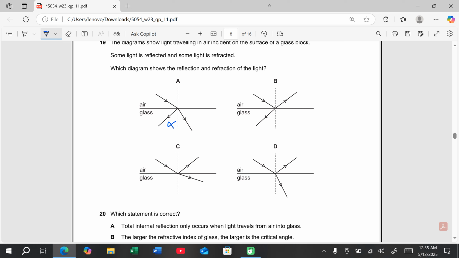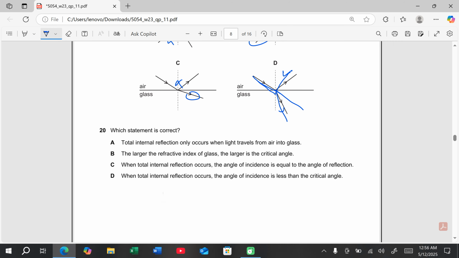Reflection is shown correctly, but refraction is wrong, so B is wrong. And this one, it should bend towards the normal, but it's bending away from the normal, so that's wrong. This is the correct one. The reflection is also correct, and the refraction, rather than going straight, bends towards the normal, so that is correct.